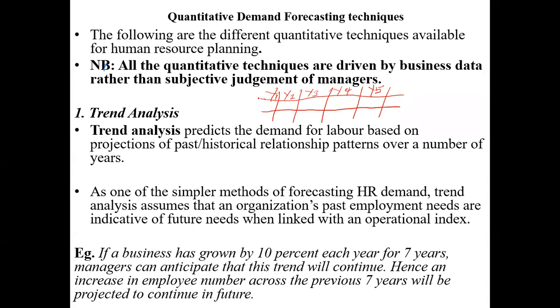So in year 1, the index that we are using to do the estimation is the growth. Let's assume in year 1 we had 10 employees, and percentage of growth for that particular year was 10%.